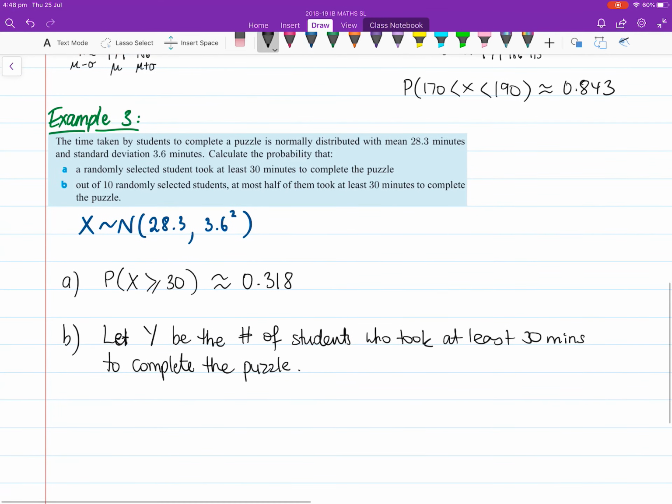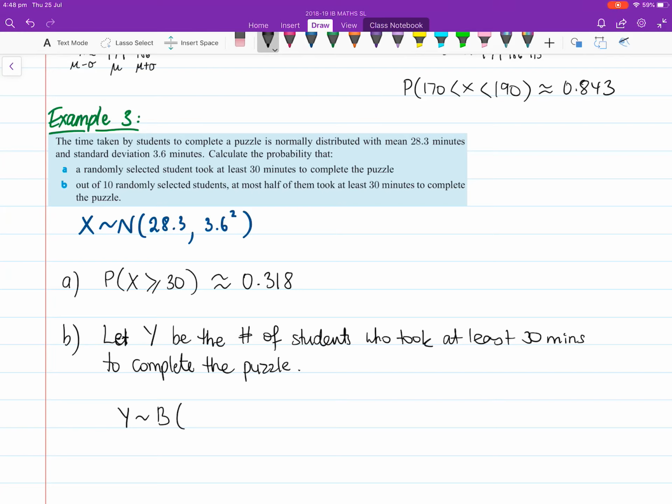Okay, so now we have a new normal distribution though. So Y is normally distributed, actually no, it's not a normal distribution now, hang on. I think it's going to be a binomial distribution, because you either took at least 30 minutes or you didn't take at least 30 minutes to complete the puzzle.